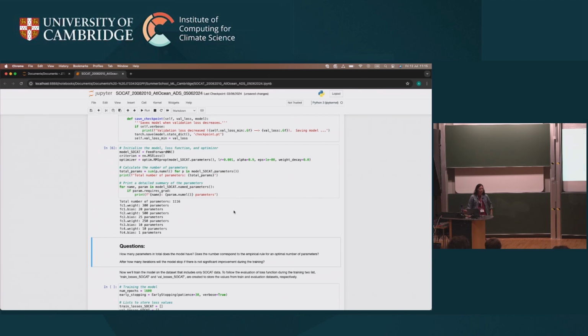The total number of parameters in your model. Everyone succeeded in running this cell? How many parameters do you have, guys? Same number? Yeah.